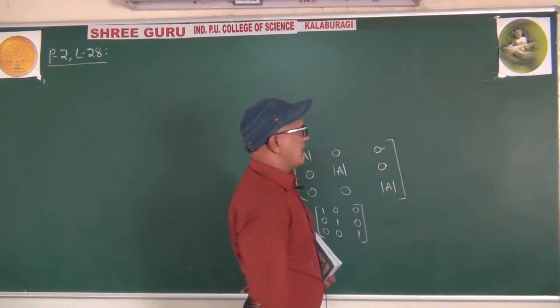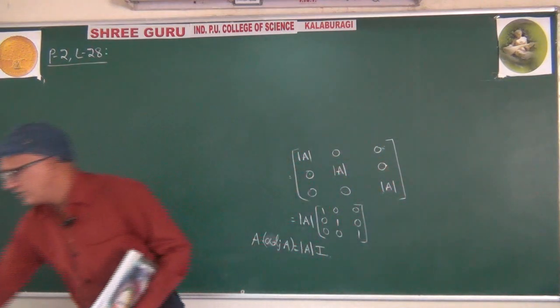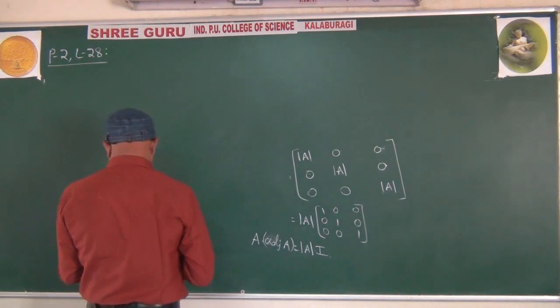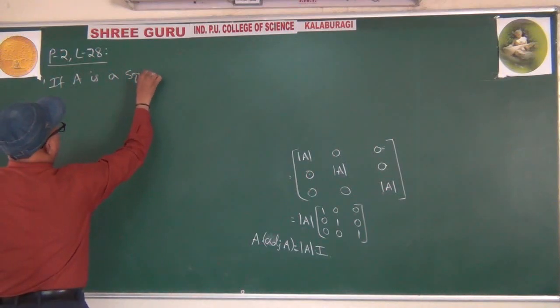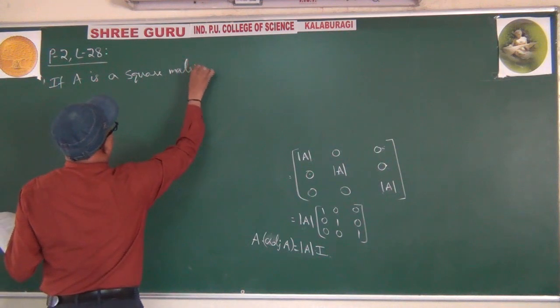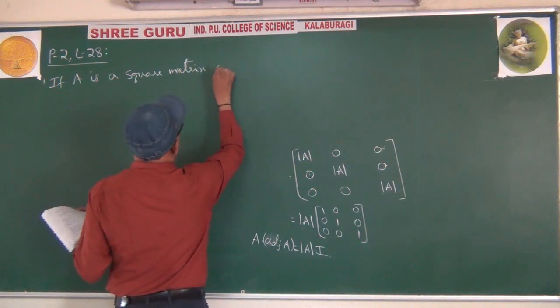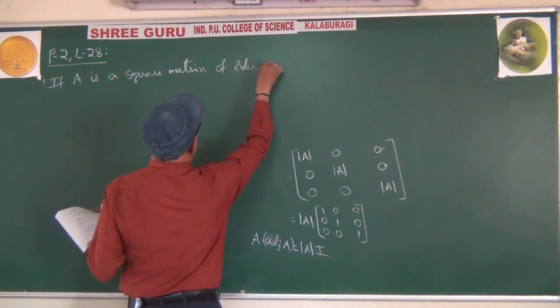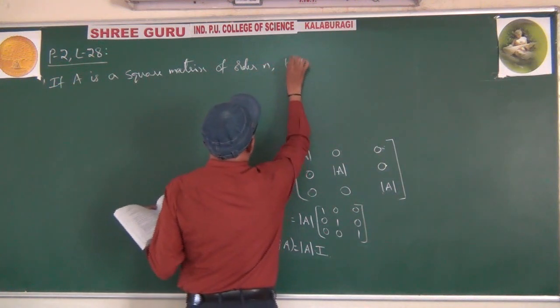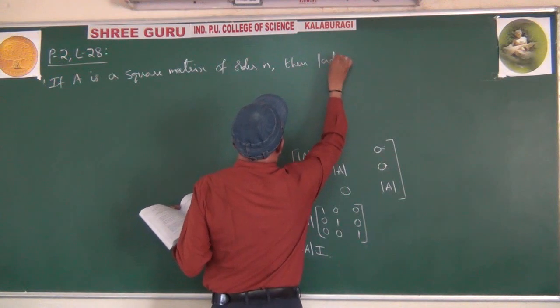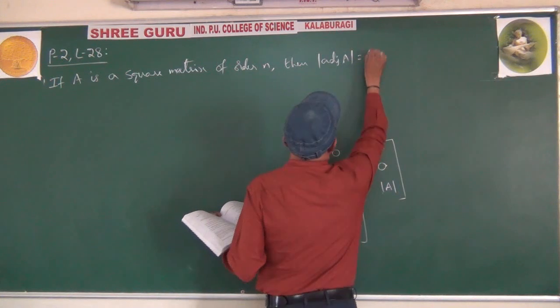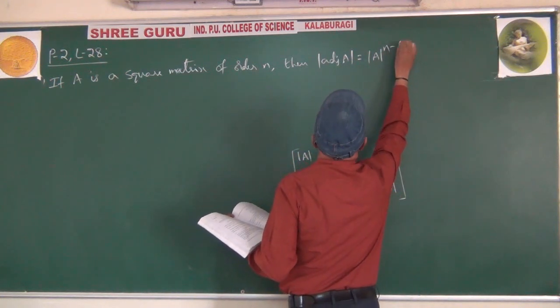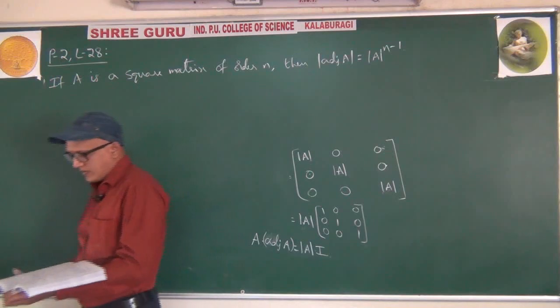Next, let us see one remark. If capital A is a square matrix of order n, then determinant of adjoint A equals delta A power n minus 1.